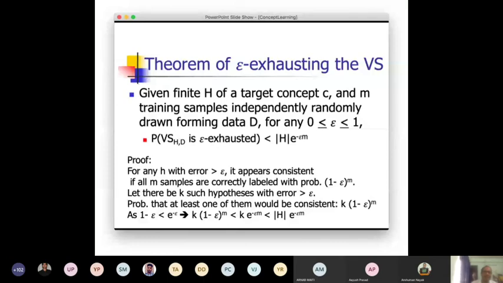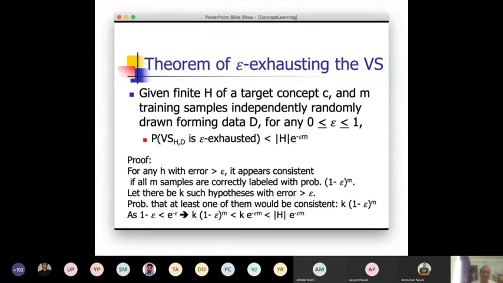You see that e to the power minus epsilon is greater than 1 minus epsilon. If you expand e to the power minus epsilon, you will find it has more terms, which are positive, and the first two terms are 1 minus epsilon, so it is greater than 1 minus epsilon.